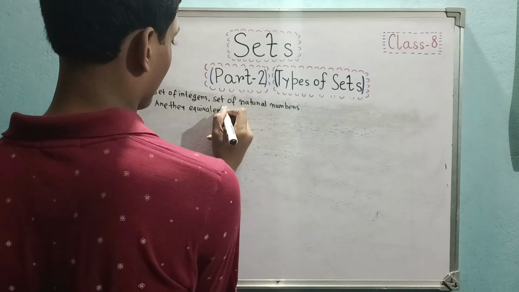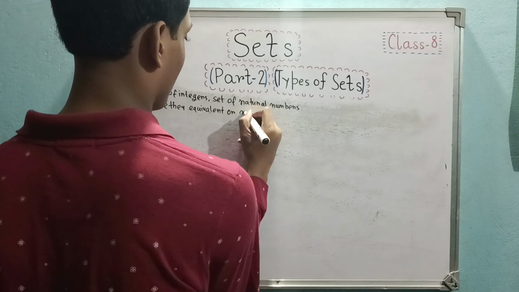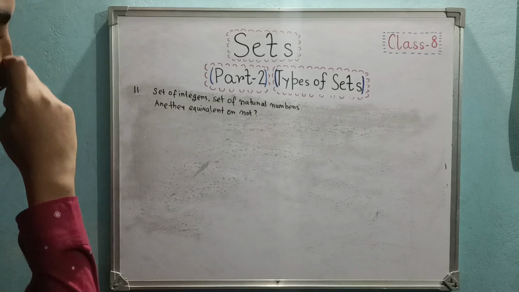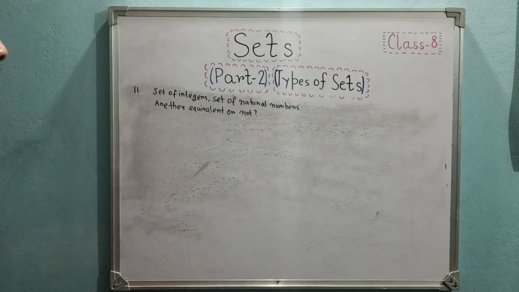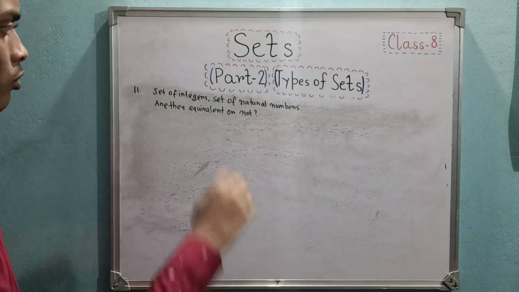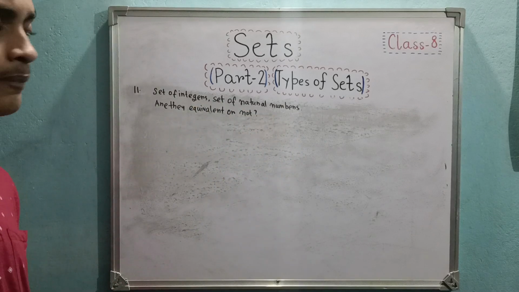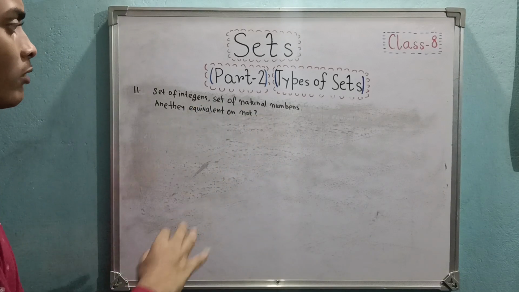Here we have a good theory actually. See guys, the set of integers is an infinite set. It has unlimited elements, and natural numbers is also an infinite set. So remember, when you are asked to find whether two infinite sets are equivalent or not, they are equivalent.